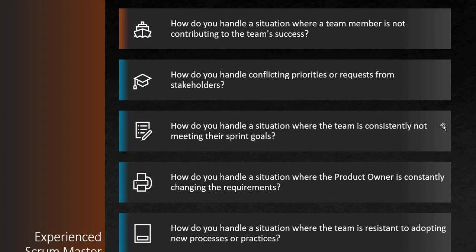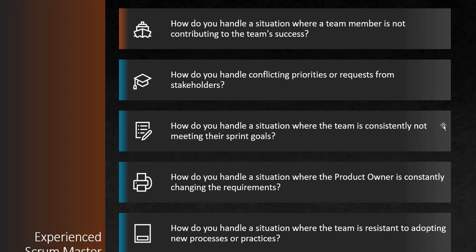How do you handle a situation where the product owner is constantly changing the requirements? As a Scrum Master, I would first discuss the impact of the change with the product owner and the team to understand the reasoning behind the change and its priority. I would then work with the team to estimate the effort and impact of the change, and together with the product owner, we would determine if it is feasible to include the change in the current sprint or if it needs to be deferred to a future sprint.